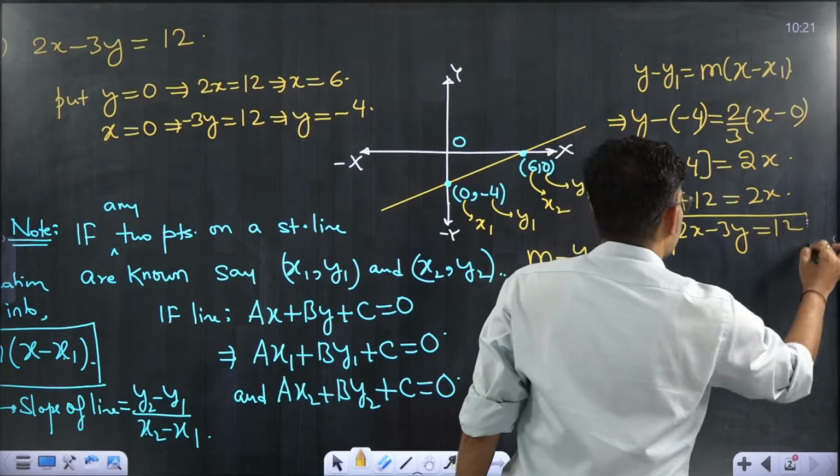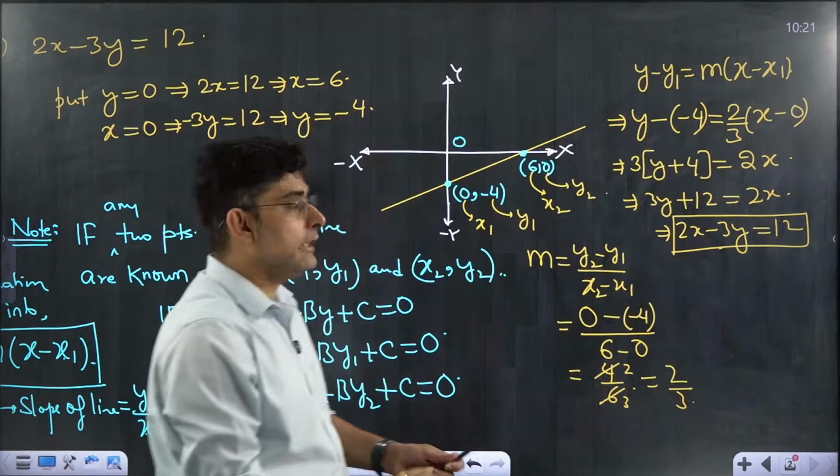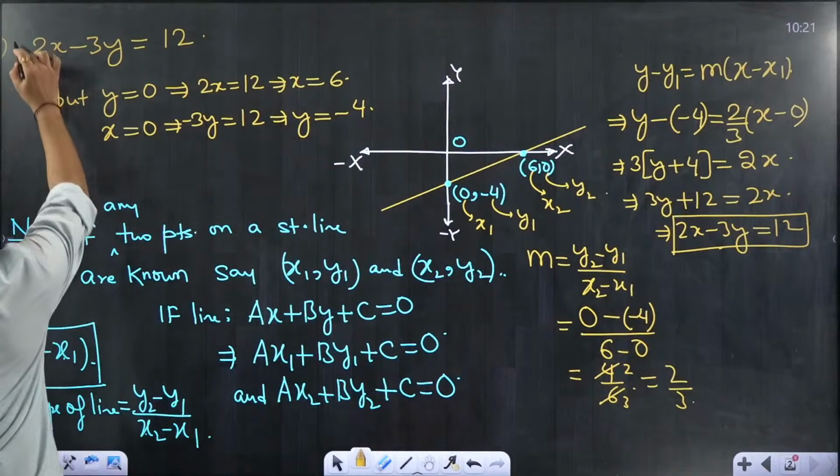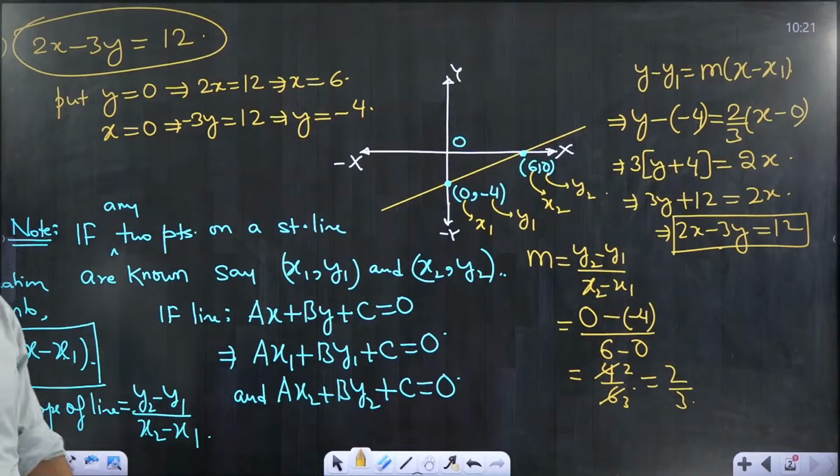Now kindly check the equation that I have written here and the equation that I gave here. Are they same or not? Understood?